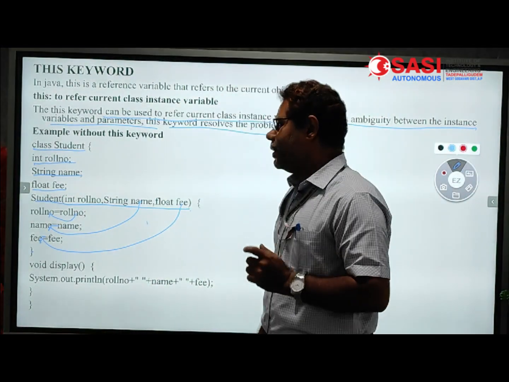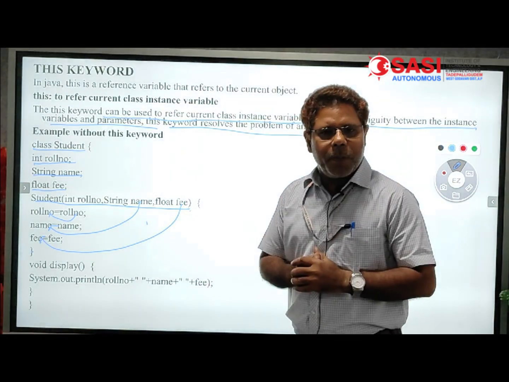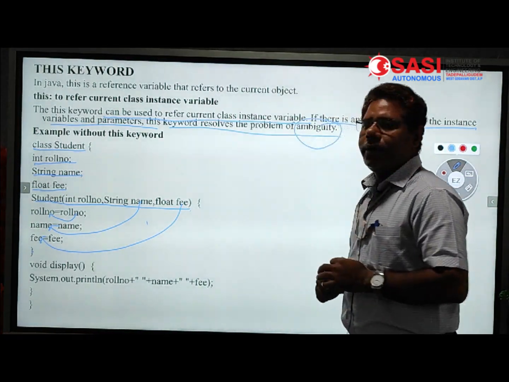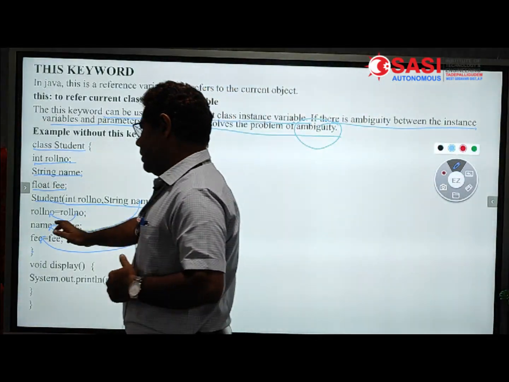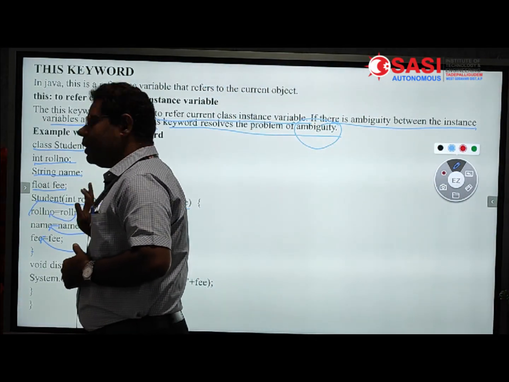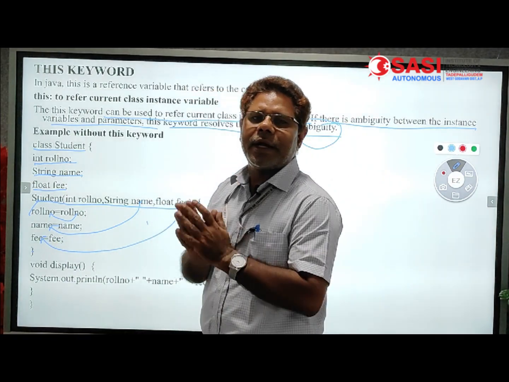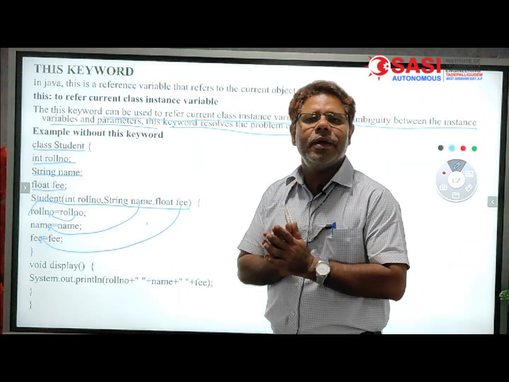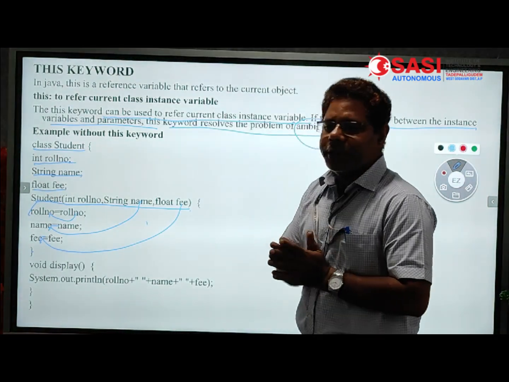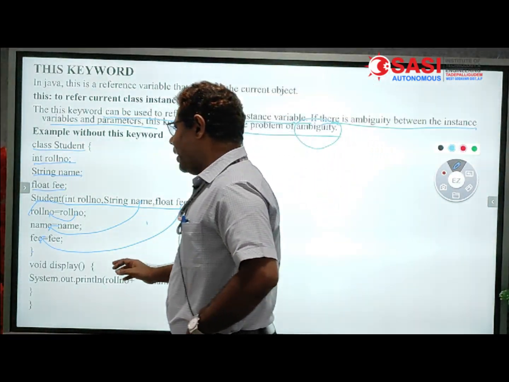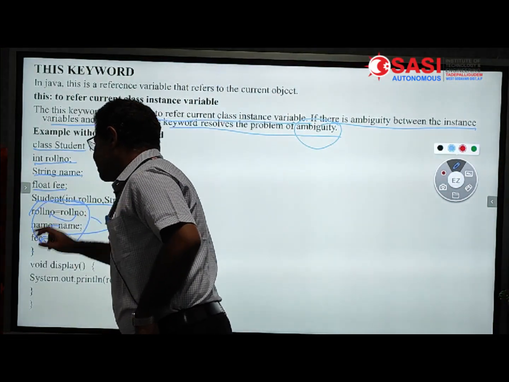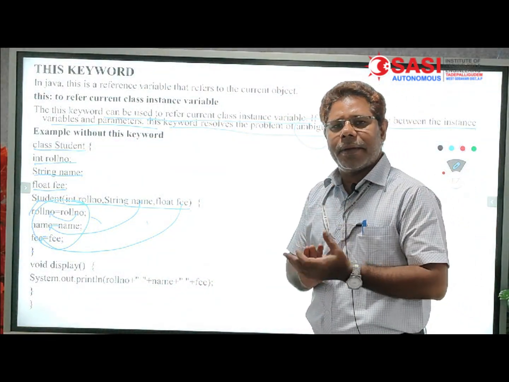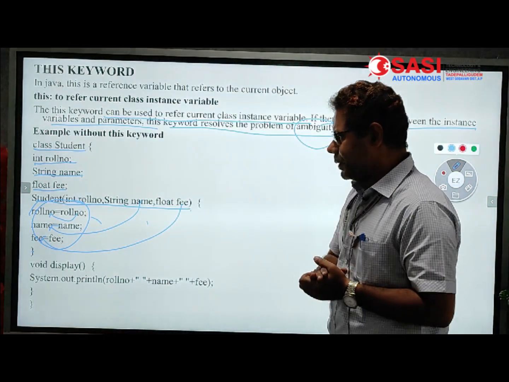In this case the ambiguity problem occurs. Why? Because the compiler does not understand which is the instance variable and which is the parameter. So whenever ambiguity occurs, the JVM or compiler provides the default values.